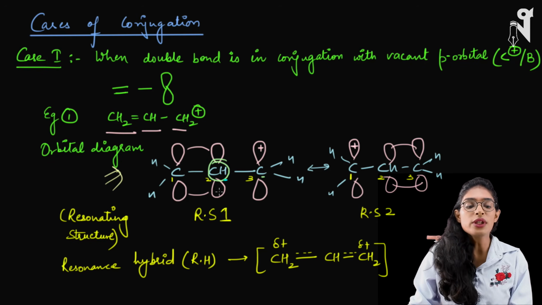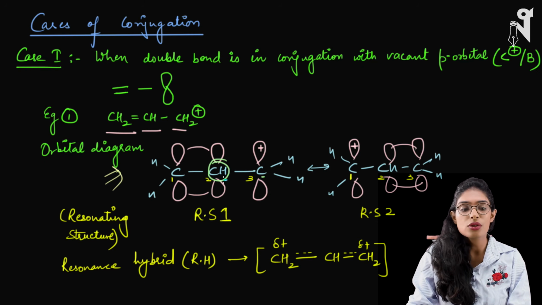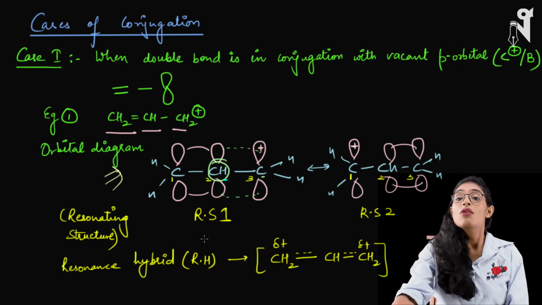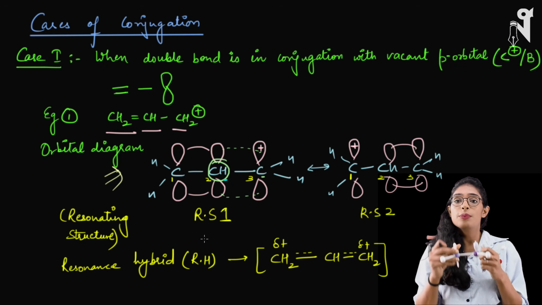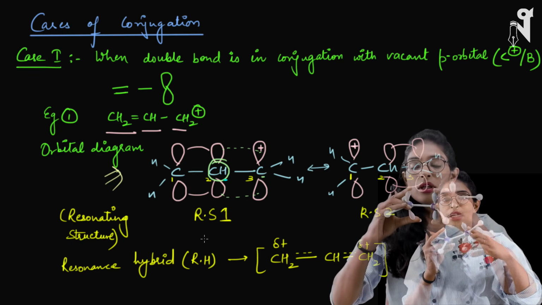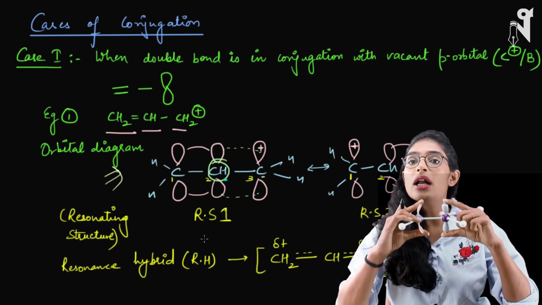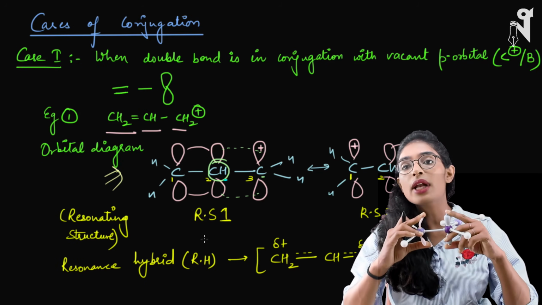So it will forcefully try to form the bond with the second carbon. Basically, what we want now is a new overlap between the second carbon's p orbital and the third carbon's p orbital. Why do we keep a condition that the p orbitals must be parallel? Because to form a new pi bond, these two p orbitals have to overlap. If they are not parallel to each other, they won't be able to overlap.